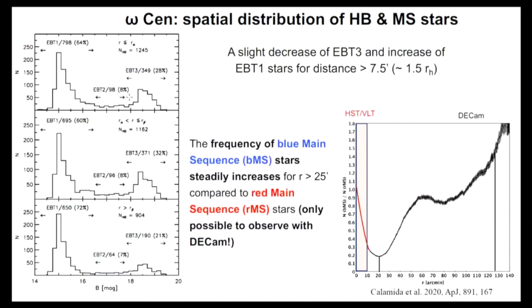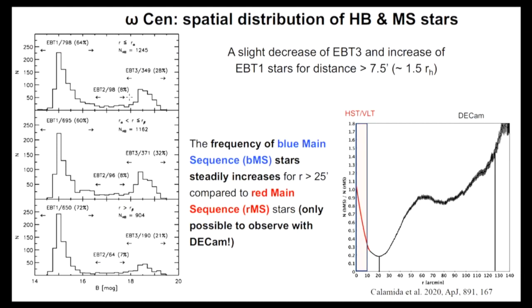And what we see, though, is that in this case, the number of horizontal branch stars stays constant all over the cluster, but the number of HB1 stars increases, and the number of HB3 stars decreases like in the case of 2808. So we see a similar behavior.